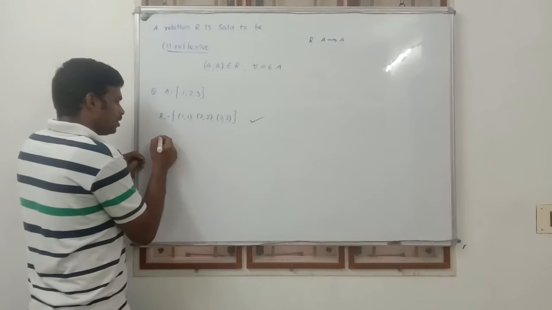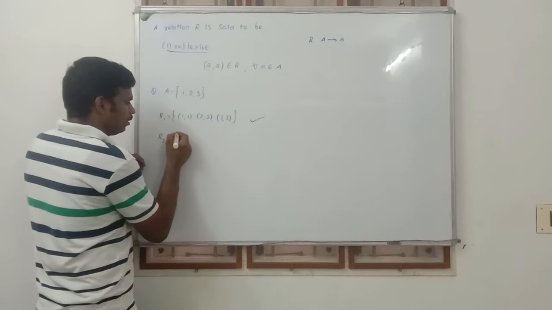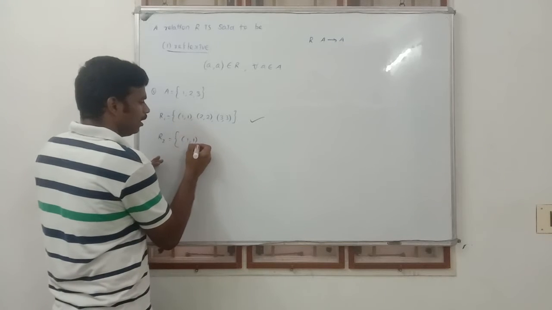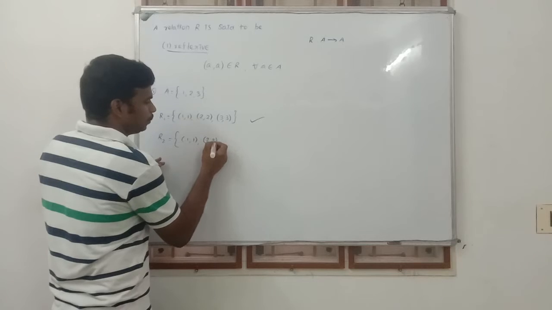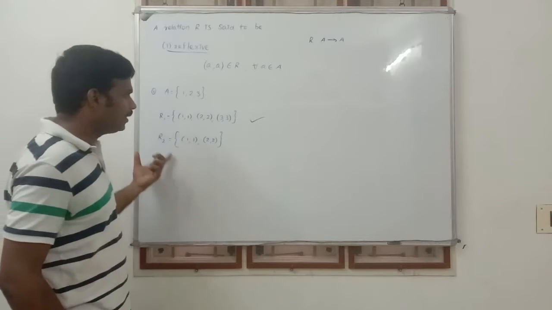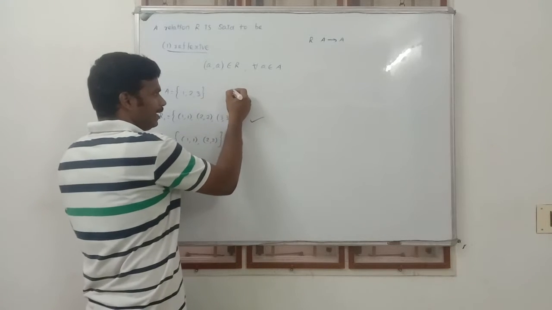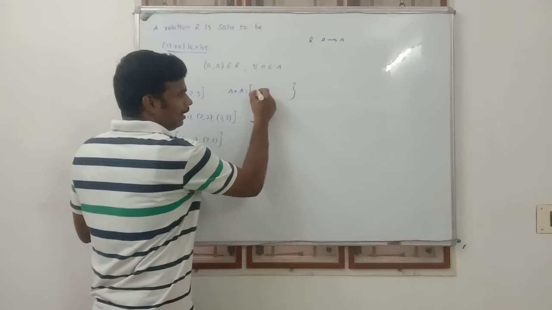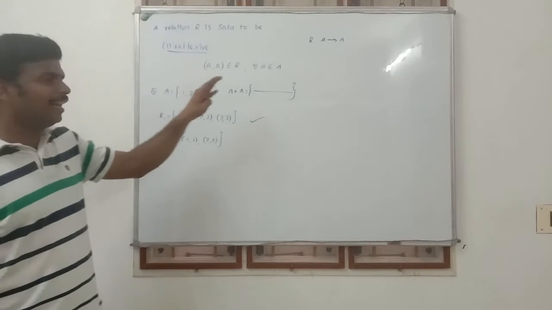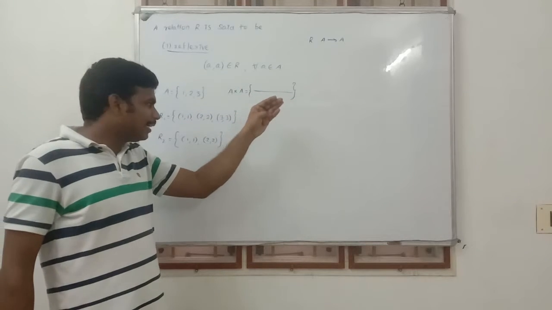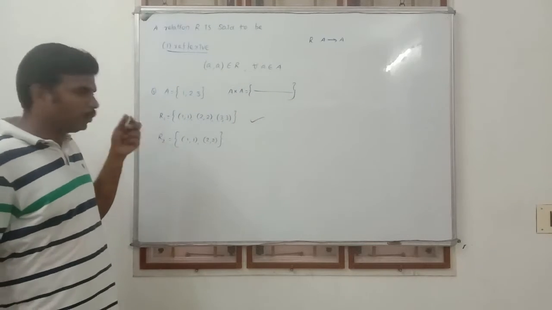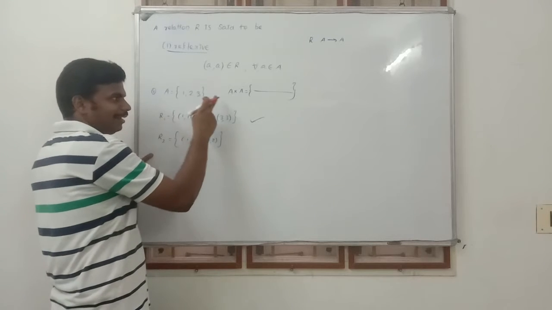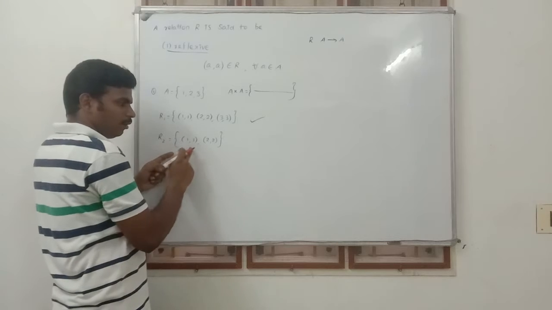Next, I will take another relation R2, with the elements (1, 1) and (2, 2). This is also a subset of the Cartesian product A cross A, which we discussed in the last class. A cross A has totally 9 elements, and any elements we take from these 9 form a relation. The first relation is reflexive. For the second, from A cross A I took (1, 1) and (2, 2).